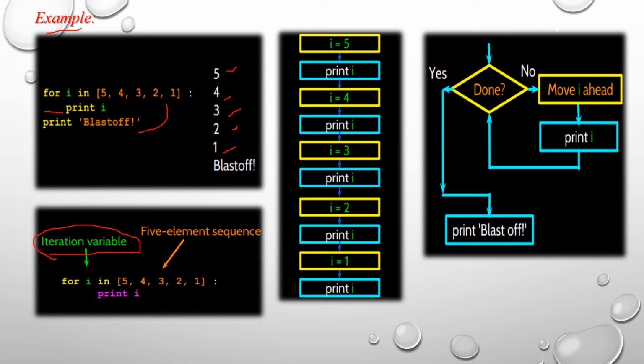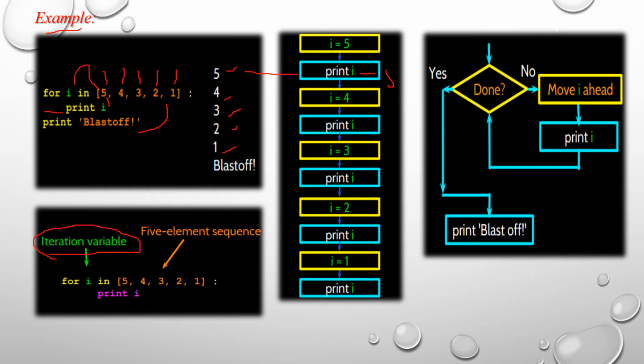Here the first element is 5, then 4, then 3, then 2, and the last is 1. In the for loop, in the first iteration i is equal to 5, so it prints the i value 5.